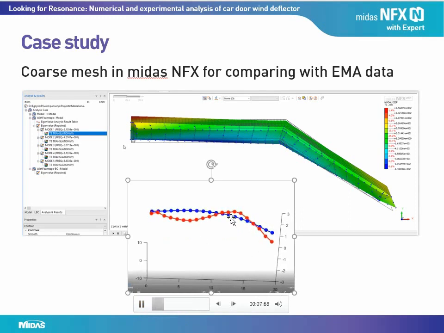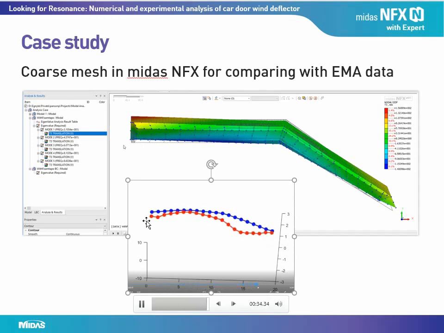The red line represents the vibration along the upper edge of the deflector. In this area, the ABS material is thinner than the other area of the deflector.